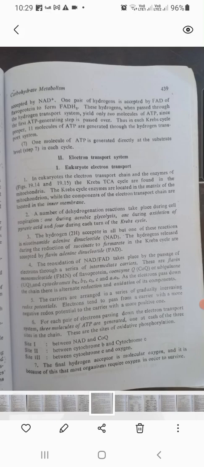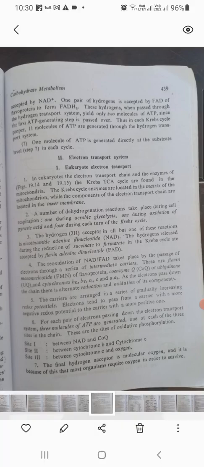As the electron passes down the chain, there is alternate reduction and oxidation of its components. The carriers are arranged in a series of gradually increasing redox potential. Electrons tend to pass from the carrier with a more negative redox potential to the carrier with a more positive redox potential.